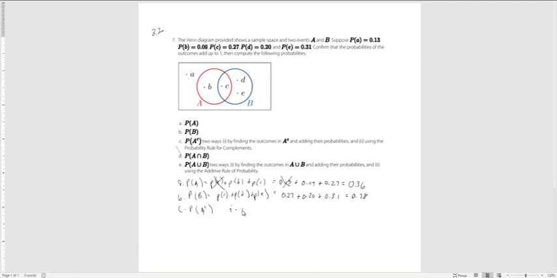So A complement is all the things that are not in A. So A is not in A, D is not in A, E is not in A. So the probability of A plus the probability of D plus the probability of E. So this equals A is 0.13 plus D, which is 0.20, plus E, 0.31, and that equals 0.64.